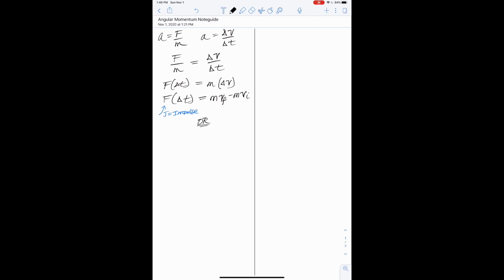We could say something like F delta t. And if we look at the other side, we see that this is final momentum minus initial momentum. So this is really delta p, or change in momentum on the other side, which I can also write this way.